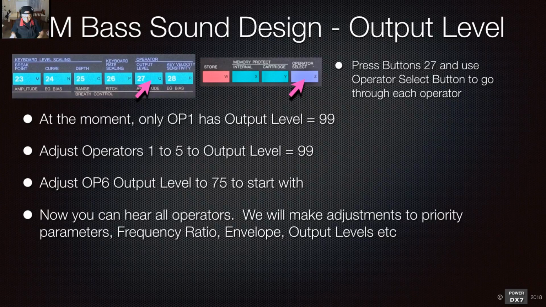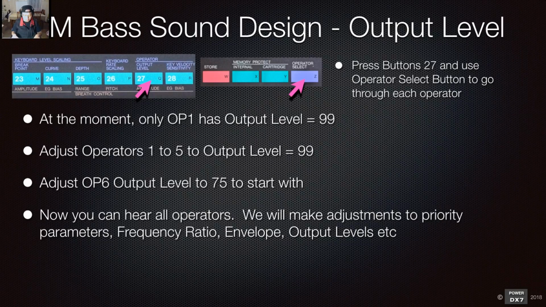Done. Operator 4 output level is 0, so put it to 99. Operator 5, that's still a carrier operator, so we're going to put it to 99. And operator 6, we're going to put it to 75. Just make sure you're not producing noise first.